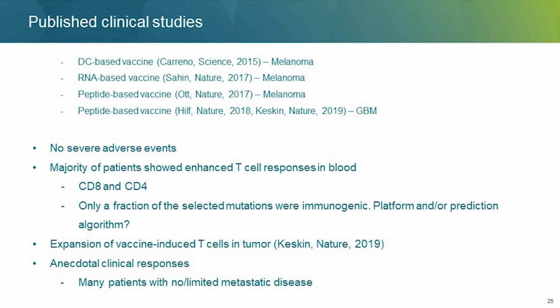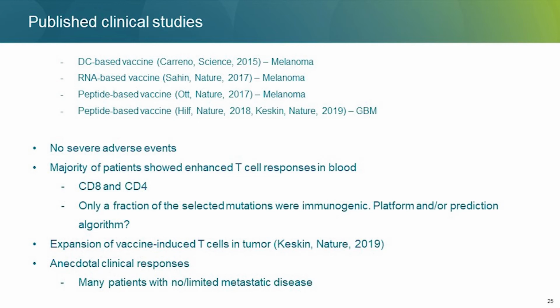Some peptides or some mutations seem to be dominating the immune response. Or is it that our prediction algorithm is not fully optimal? It's probably a little bit of both, but further studies are needed to better understand the contribution of the platform and the algorithm.